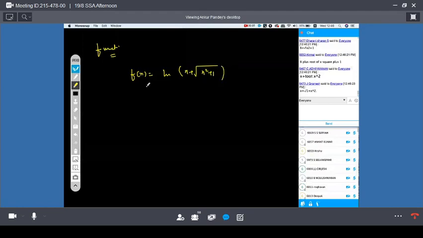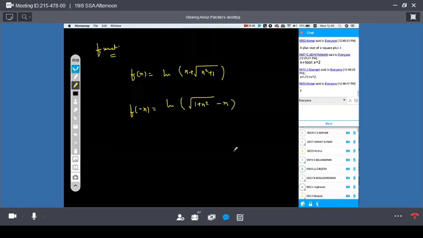So beta, this is f of x. Now, what is f of minus x? Yes or no? What if I rationalize it with the same?